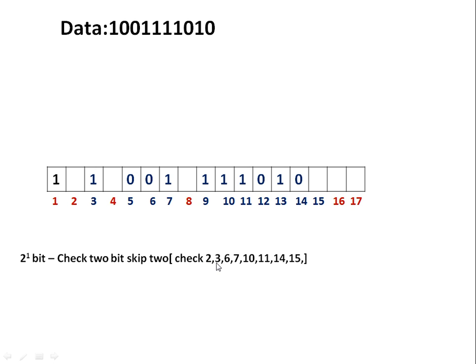These are the bits we consider for calculation of the second parity: 2 3 6 7 10 11 and so on, and we skip 4 5, and 8 9. If we count the number of ones, 1 2 3 4, the number of ones is already even, so in that case we put 0.